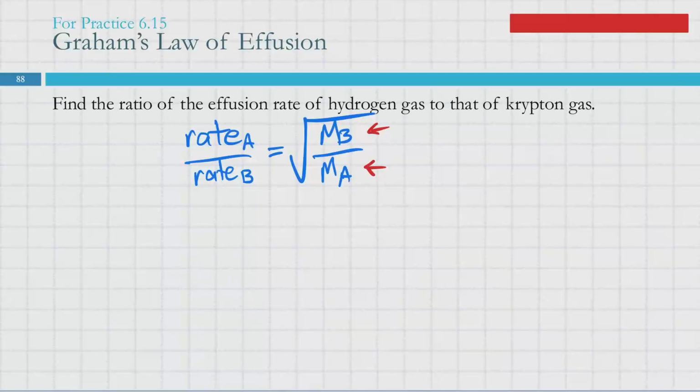So let's call A hydrogen gas, and let's call B krypton gas.